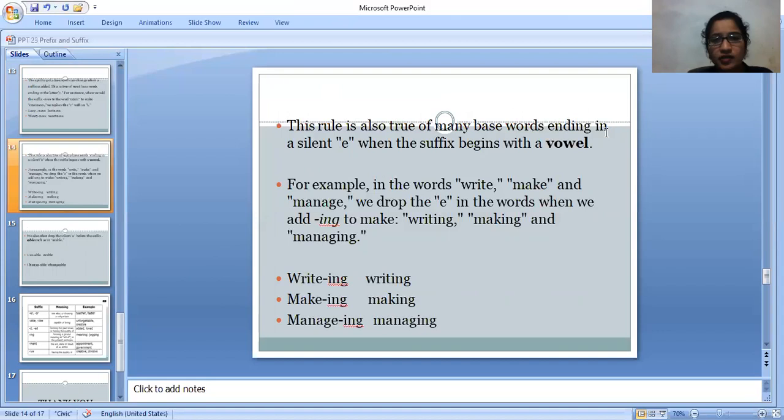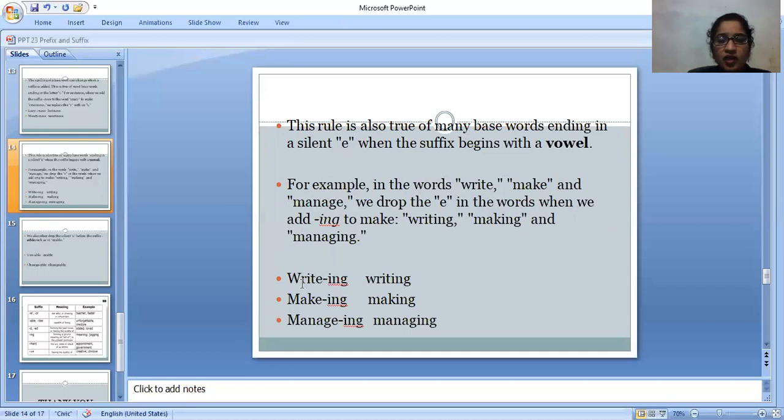And one more rule is for base words which end in a silent E. For example, you can take the words write, make, or manage, where these words end with the letter E, which is silent. When you add the suffix ing to it, we can simply omit this E in the final word.